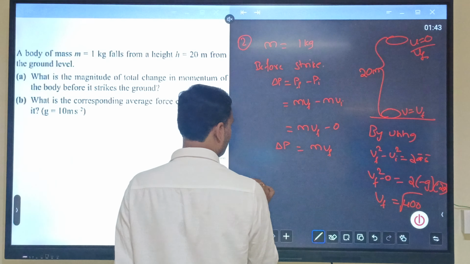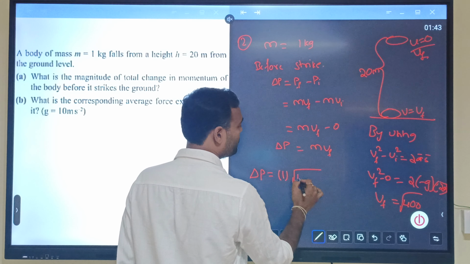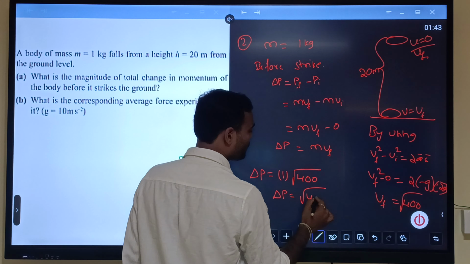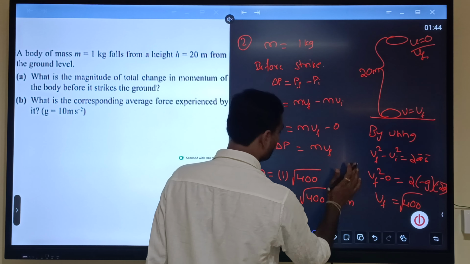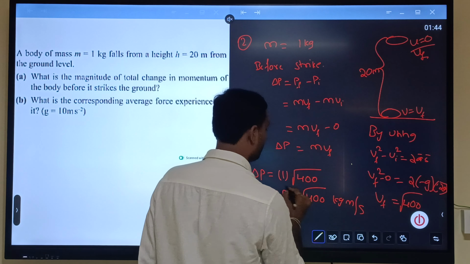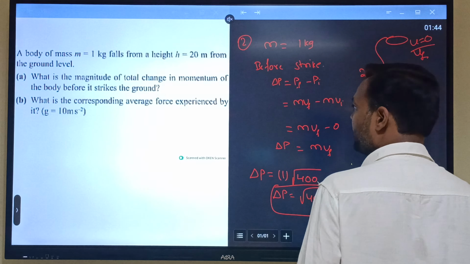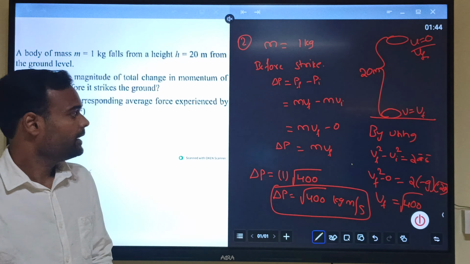Then delta p is equal to mass 1 into vf, under root of 400 kg meter per second. This is the change in momentum before collision, what they are asking.